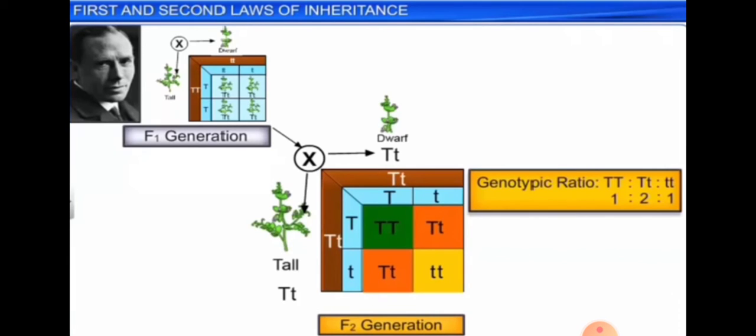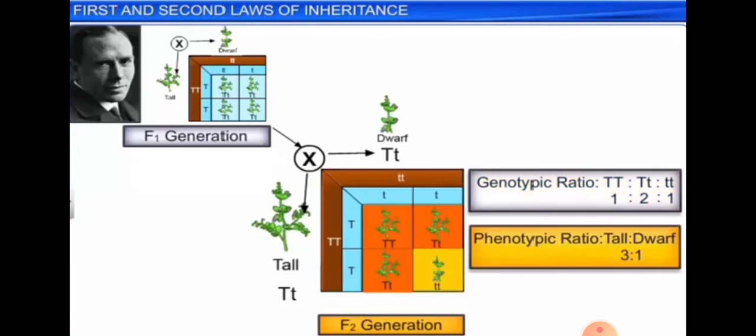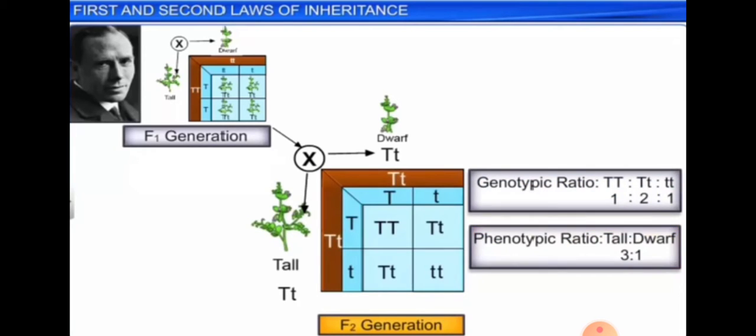Therefore, the genotypic ratio will be 1:2:1. And 3/4 of the plants are tall and 1/4 are dwarf. The phenotypic ratio will be 3:1.